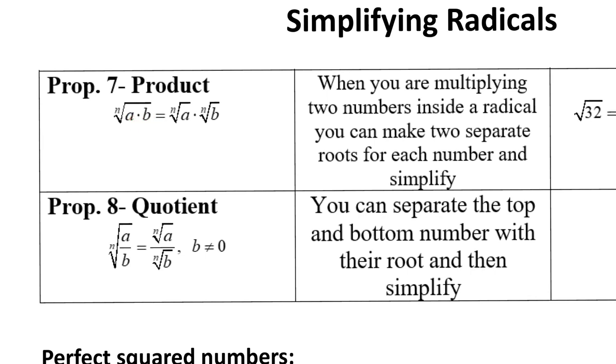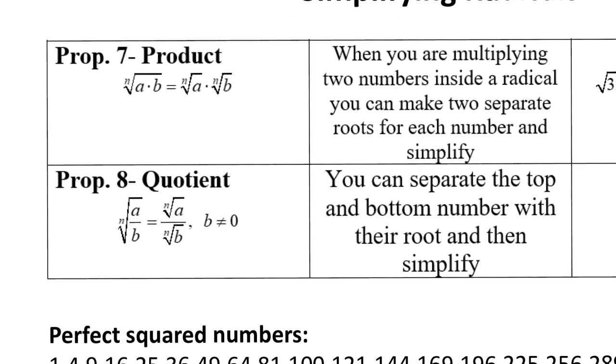Now today though, we are looking at the quotient property. The quotient property says you can separate the numerator and the denominator and make a radical for each one of them. Notice that here I have one radical and a fraction inside, a over b. So I can separate the top and the bottom, and use a radical for each side, the numerator and the denominator.